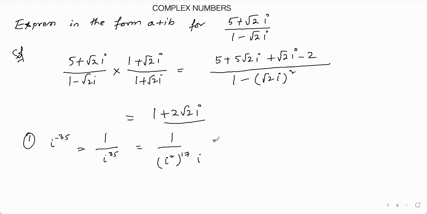So i square is minus 1, so to the power of 17 will be minus 1. So you'll get in the denominator minus i. Again, multiply and divide by i, which will lead to i.